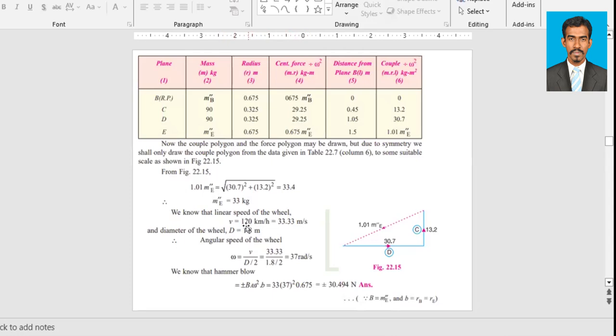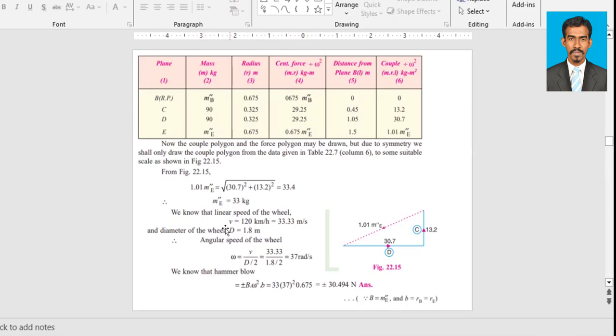We can't solve the numerical while having velocity in kilometer per hour and diameter of the wheel in meter. So if you convert 120 kilometer per hour into meter per second, 120 into 1000 divided by 3600, you will have 33.33 meter per second.